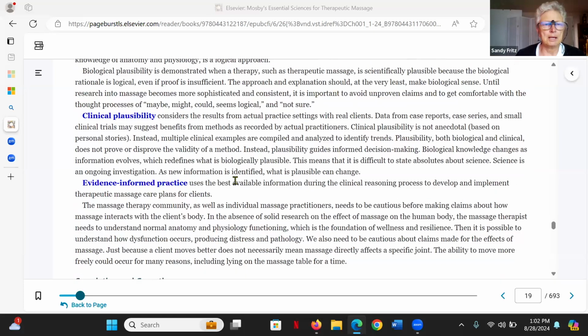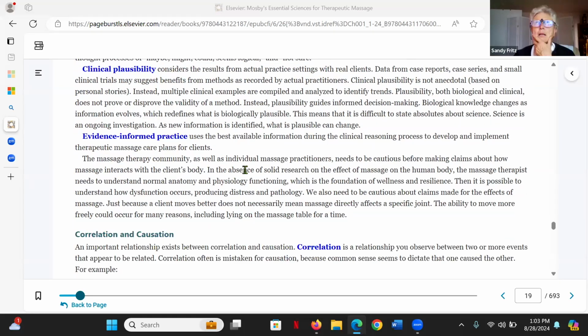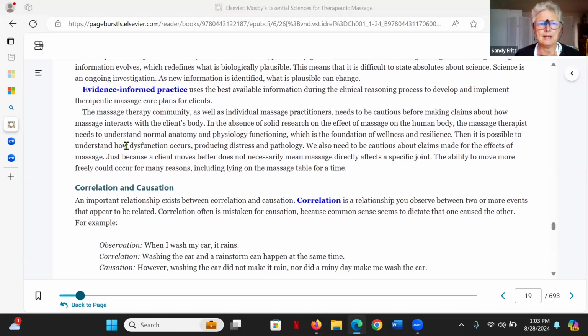And then a big thing right now in healthcare that spans health and wellness all the way to medical treatment of pathology is evidence-informed practice. And this is where the sciences overlap into the practice.